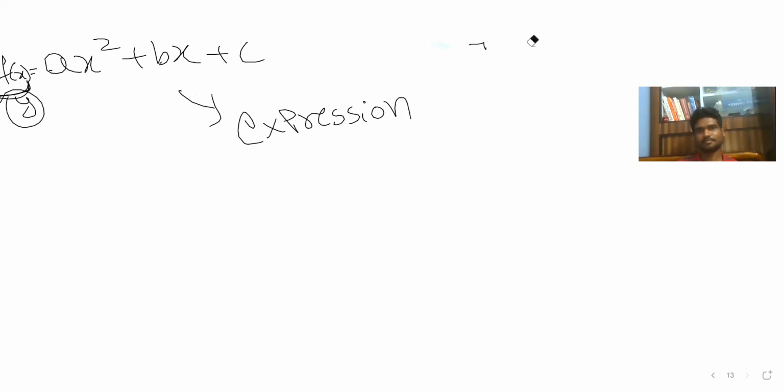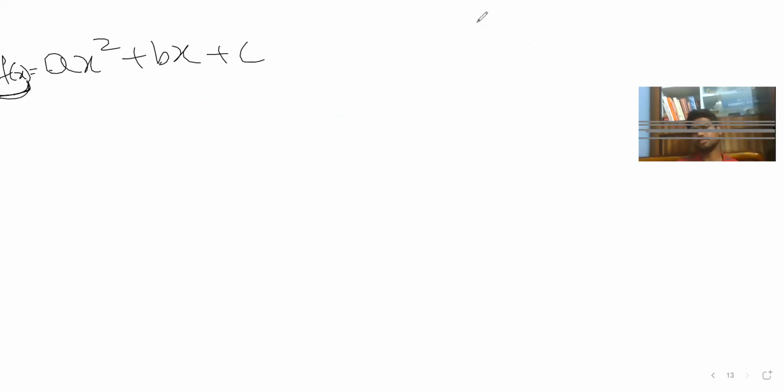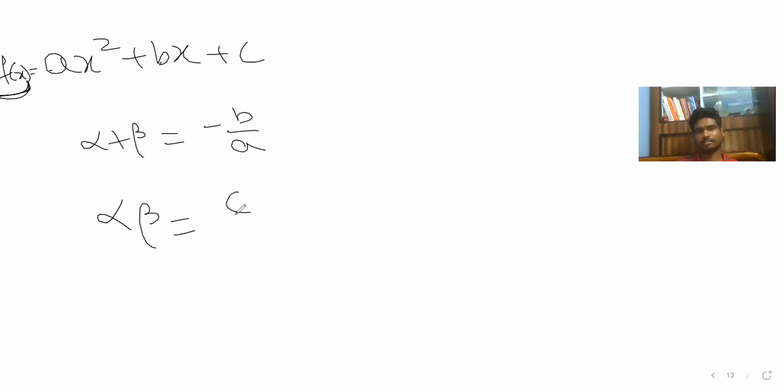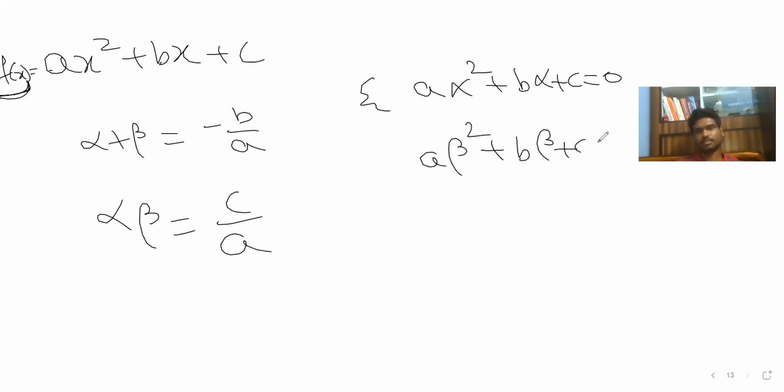Now if alpha comma beta are the roots, alpha plus beta is minus b by a and alpha beta is c by a. Also a alpha square plus b alpha plus c equals 0, and a beta square plus b beta plus c equals 0, because alpha comma beta are the roots.